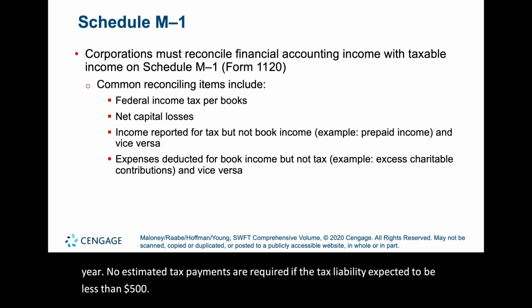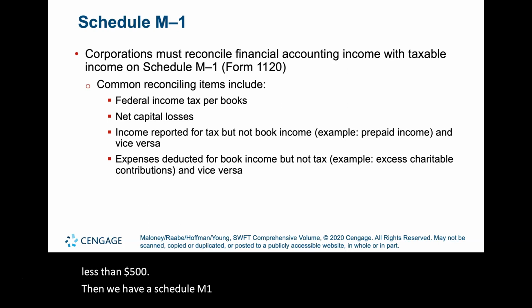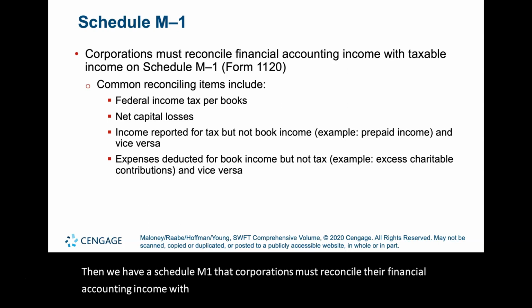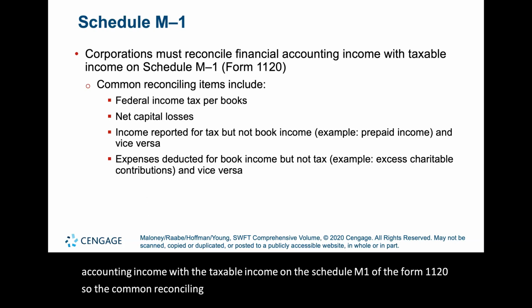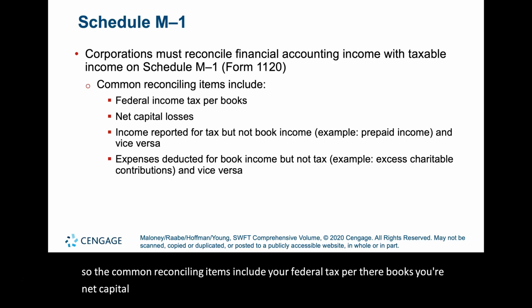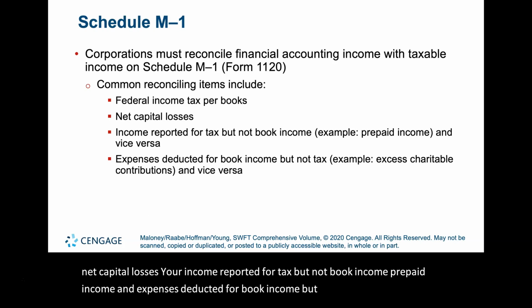Then we have Schedule M-1, where corporations must reconcile their financial accounting income with the taxable income on the Form 1120. The common reconciling items include your federal tax per your books, your net capital losses, income reported for tax but not book income, like prepaid income, and expenses deducted for book income but not tax, like your excess charitable contributions.